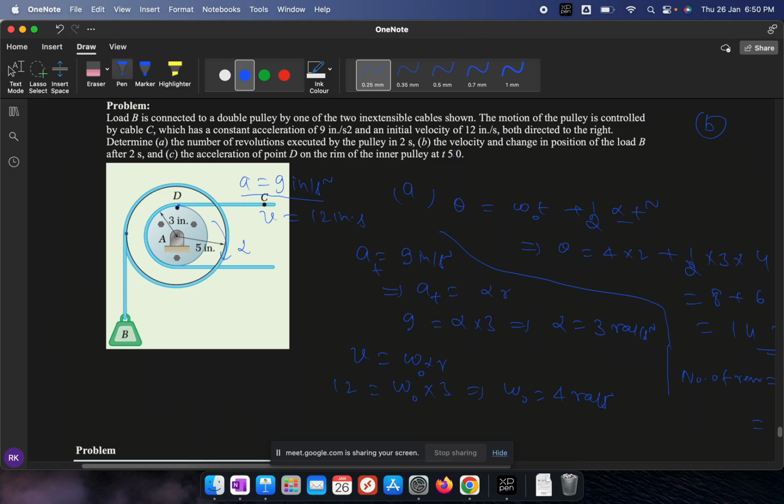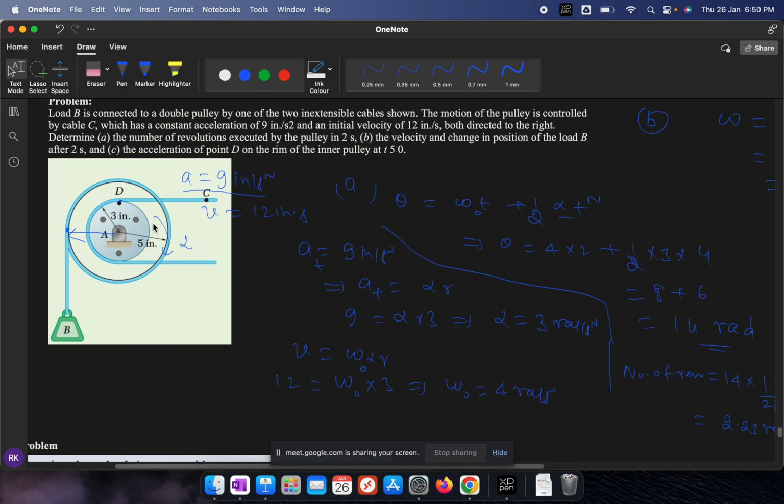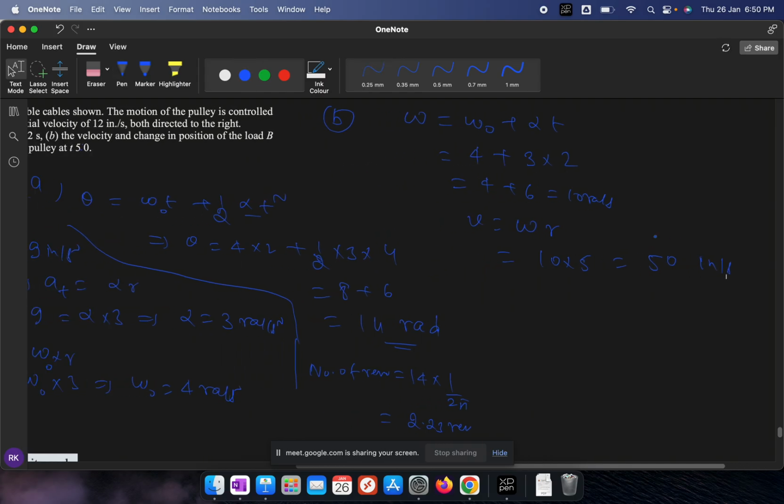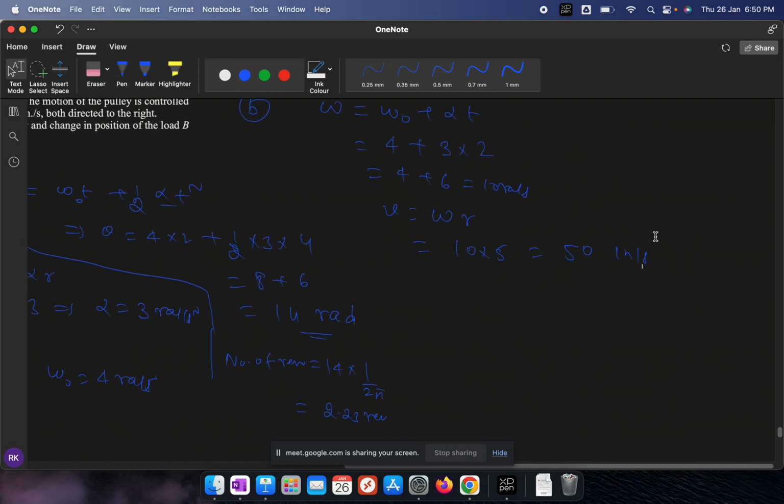Whatever the velocity of this point will be exactly the velocity of block B. So for that you have to take this radius. So 10 into 5, that is 50 inch per second, because everything is given in inch.